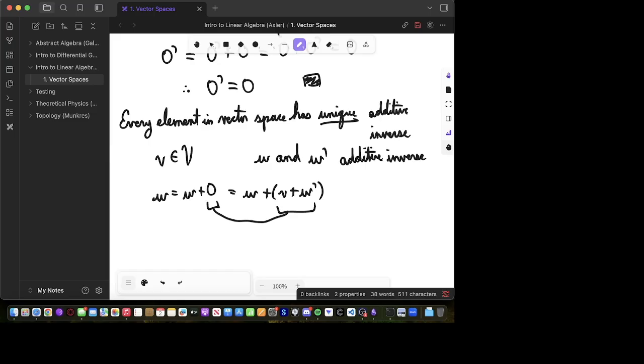And by the associative property, it's equal to W plus V plus W prime. And we know that W plus V equals 0, because W is an additive inverse of V. So strangely enough, W equals W prime. So that's the end of our proof.